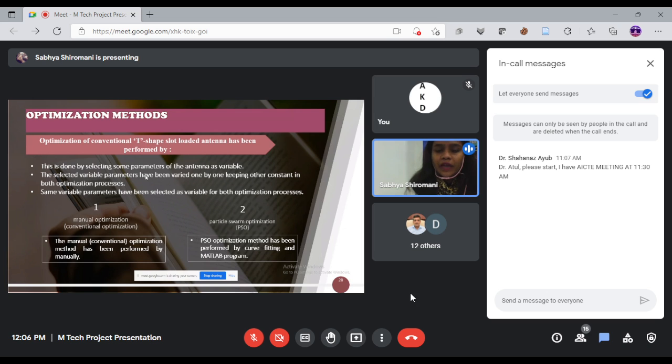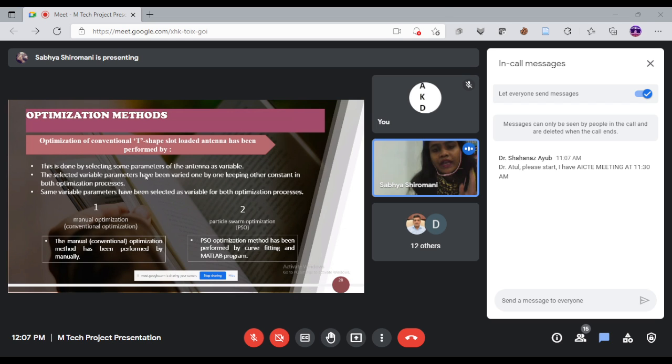But we know the range of the parameters now. Sir, the L1 parameter ranges between 7 to 14. We will be having 10 plus 1 antennas over there. I will be showing you the table for that as well. We have a particular desired limit for the L2 parameter as well. We will be having 13 plus antennas for that, so more than 30 antennas will be designed by keeping the others constant and varying one of the parameters within the range provided for the antenna.